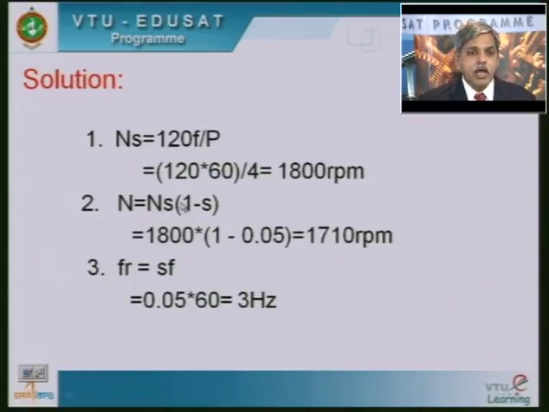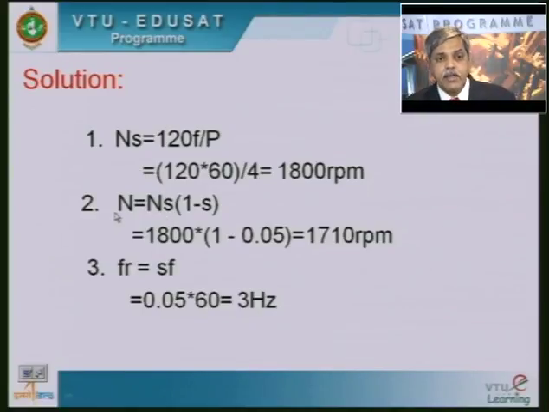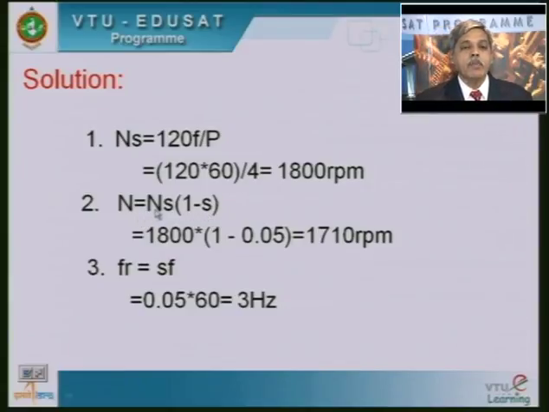Now, the second point you are supposed to calculate is the full load speed of the induction motor. If the synchronous speed is Ns, and the full load speed is N, the relationship between slip and this speed will be slip is equal to (Ns minus N) divided by Ns.